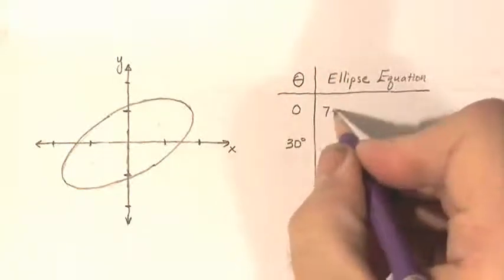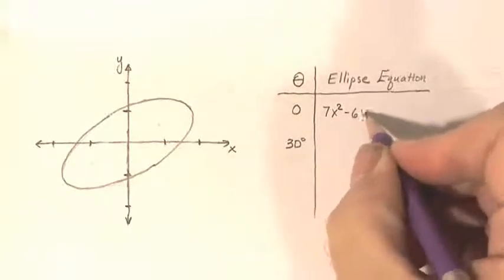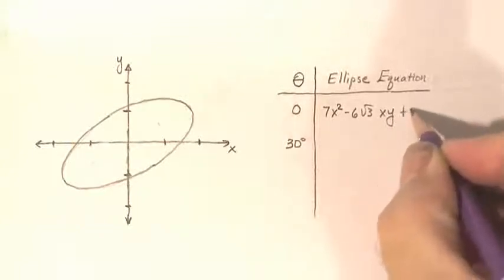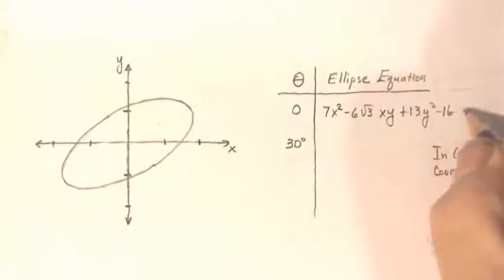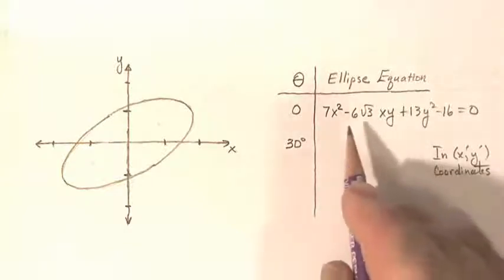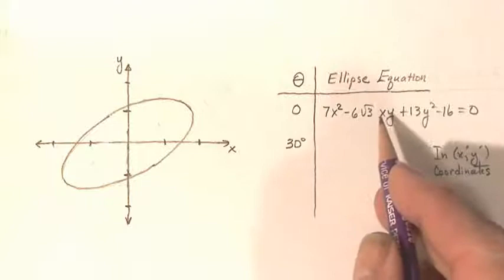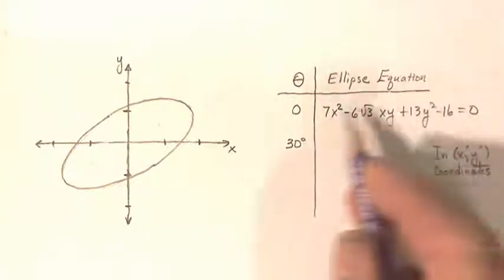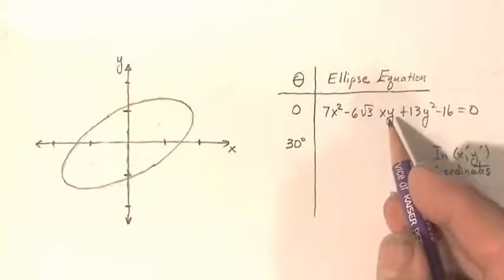This one is 7x squared minus 6 root 3 xy plus 13 y squared minus 16 equals 0. Now, that doesn't look like anything that we've done yet, especially this term that has x times y. And you cannot complete the square when you have a term like this in your equation.